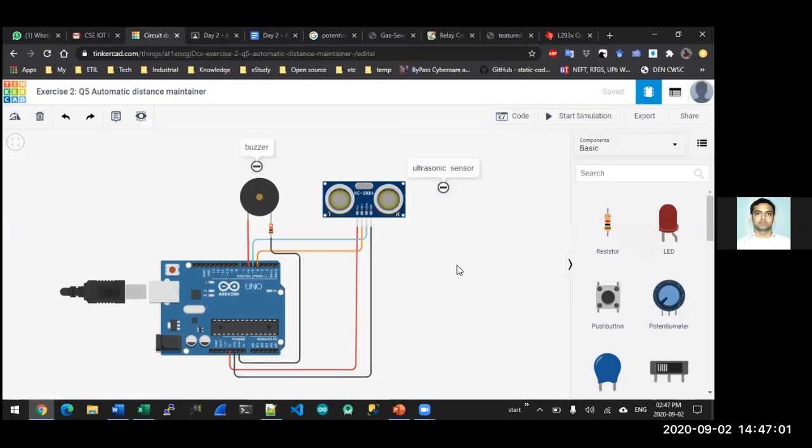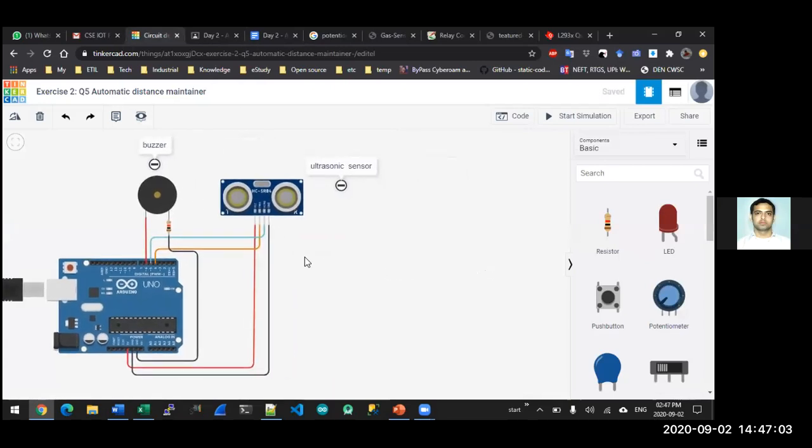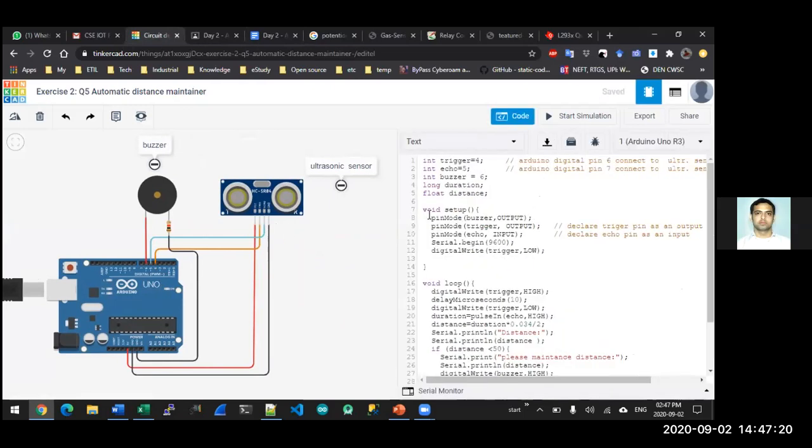So we have interfaced the buzzer and the ultrasonic sensor here, with the buzzer interfaced to pin number 6, and the ultrasonic sensor trigger pin interfaced to pin number 4 and the echo pin on pin number 5. Okay. So now we can see the code here.